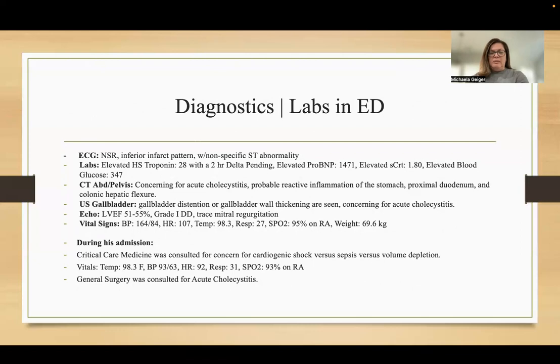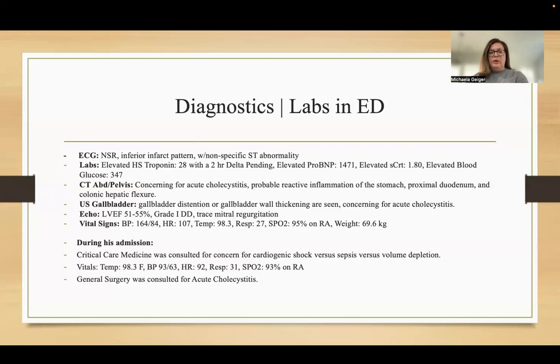A CT of the abdomen and pelvis was obtained, which was concerning for acute cholecystitis, probable reactive inflammation of the stomach, proximal duodenum, and colonic hepatic flexure. He also had an ultrasound of the gallbladder, which revealed gallbladder distension or gallbladder wall thickening, concerning for acute cholecystitis.